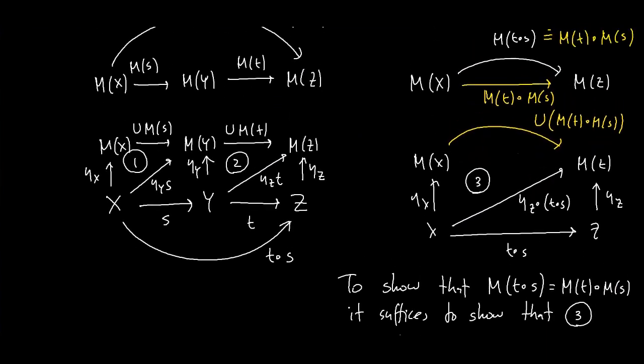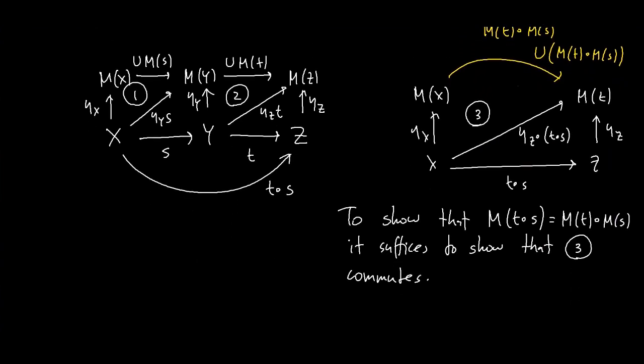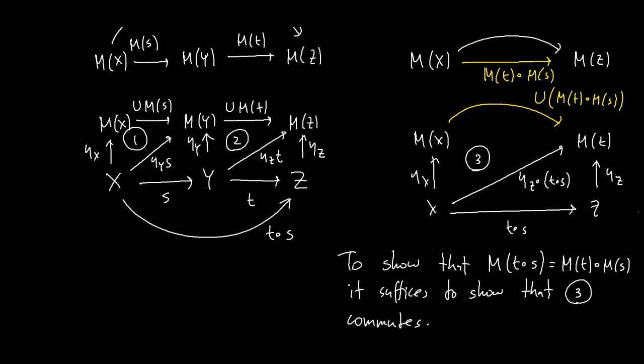So why does triangle number 3 commute? Well, that yellow arrow there, U of that composite, U of MT composed with MS, by the fact that M is a functor, is actually equal to the composite of these two blue arrows.